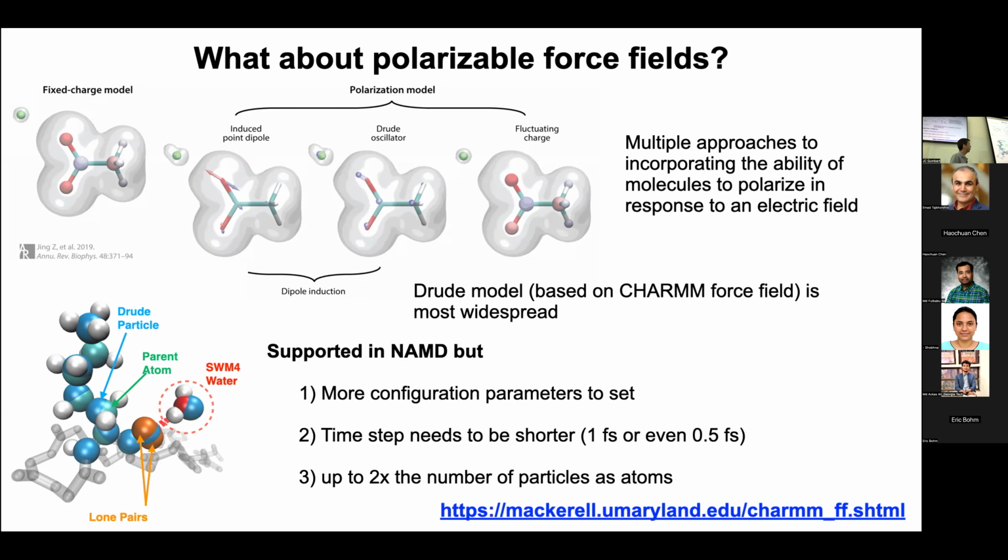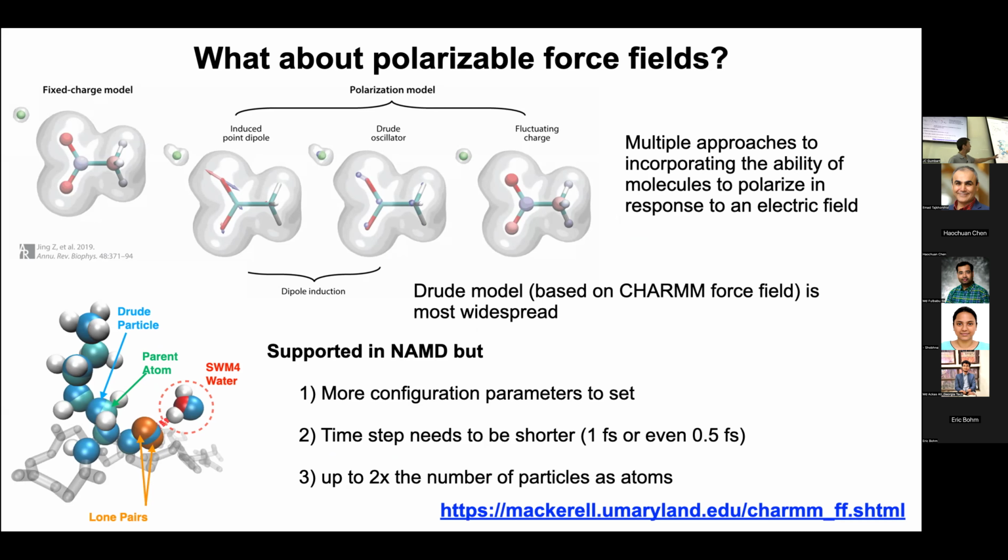This Drude force field is supported in NAMD, but with a few caveats. There are more parameters you have to figure out if it's a new molecule. The time step has to be shorter. We typically use 2 or even 4 femtosecond time steps with hydrogen mass repartitioning. But with Drude particles, because they're very small and move very quickly, you have to use 1 femtosecond, or in some cases 0.5 femtosecond.